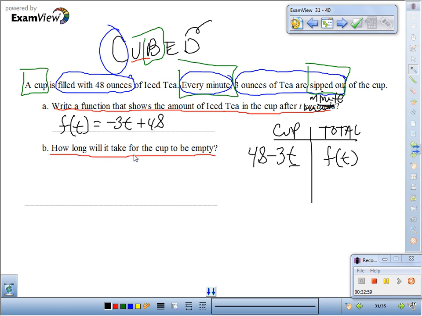How long will it take the cup to empty? So let's see. So instead of f of t, we're going to write what? 0 equals negative 3t plus 48. And let's solve for t, yes?